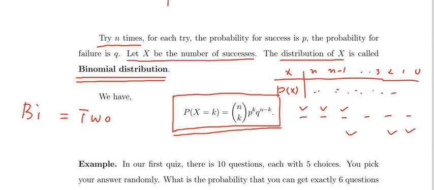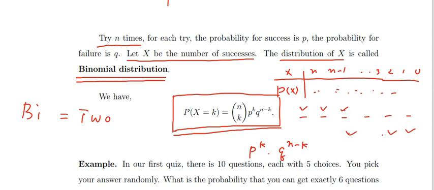The success probability is p, so p happened k times, and all others are q. So the number of q's is n minus k, right? We have many such situations: the k successes could be arranged in different ways.